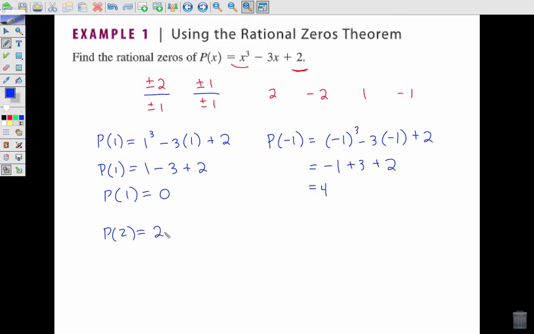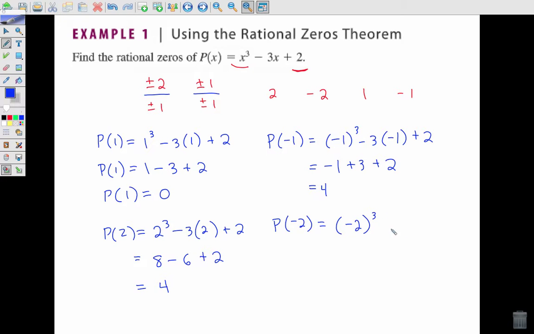So p of 2, so 8 minus 6 plus 2 is 4. So also not a 0. Let's try negative 2.